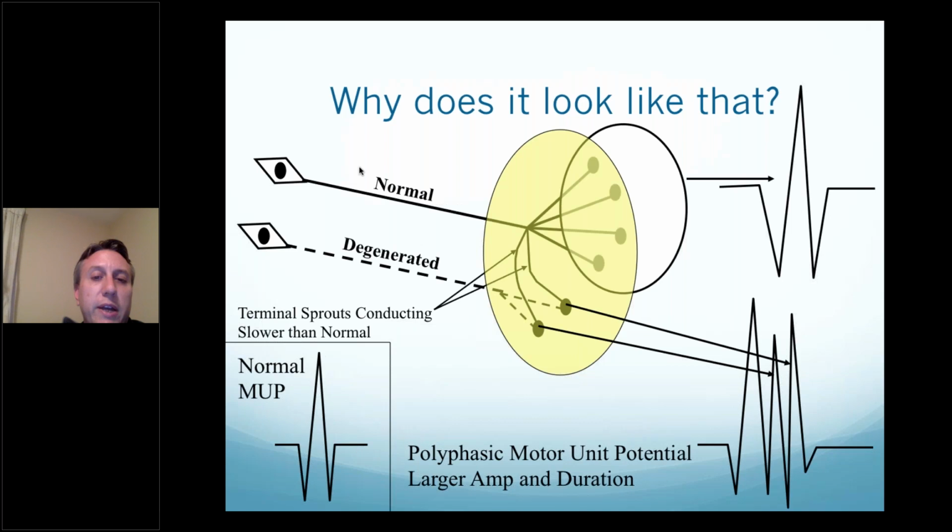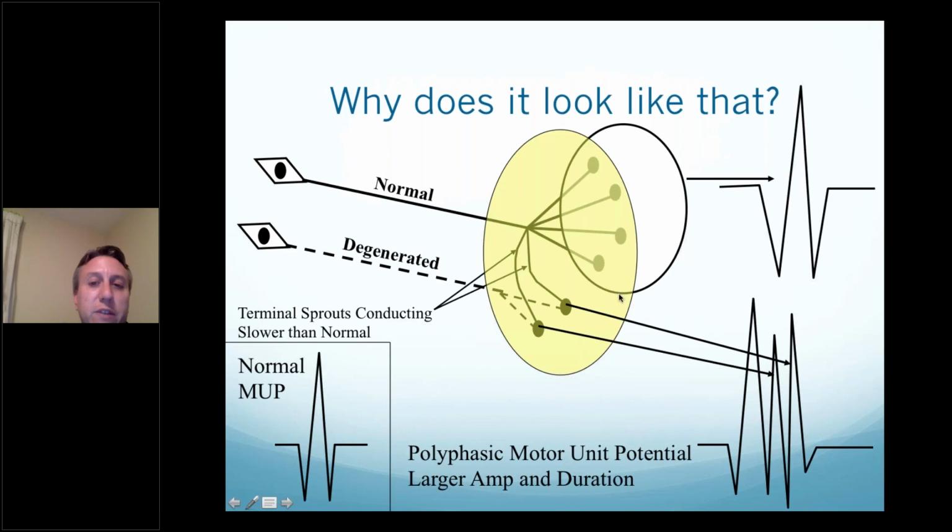So the reason why it's polyphasic is because now this myelin is immature. It's growing at a different rate than this myelin is. So all 6 of these muscle fibers are now firing at different times.